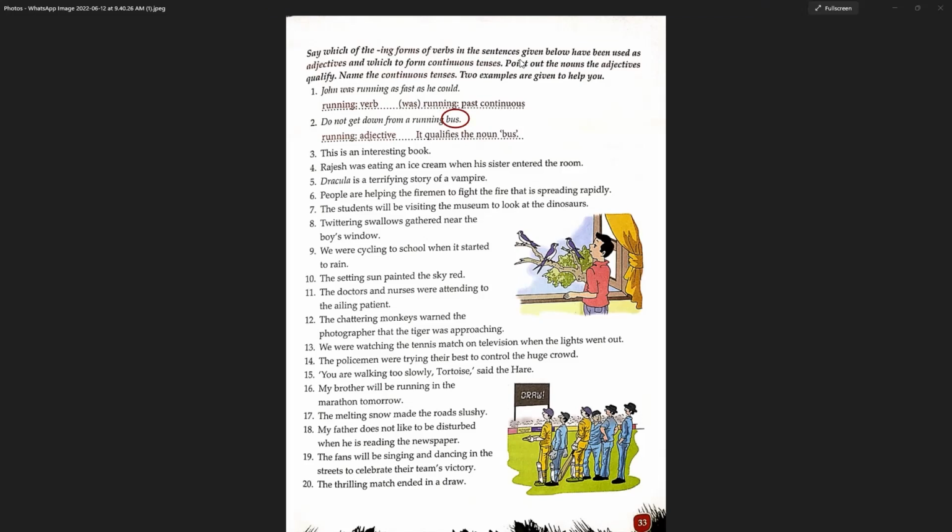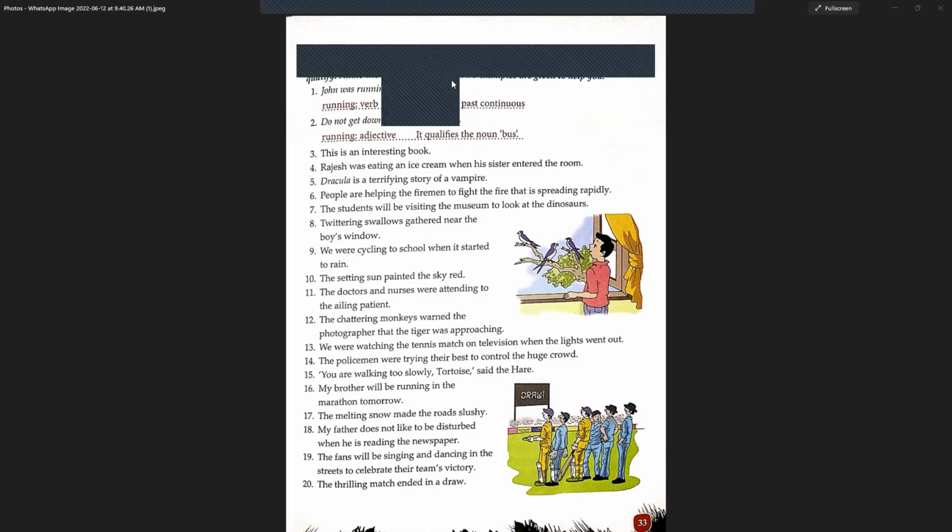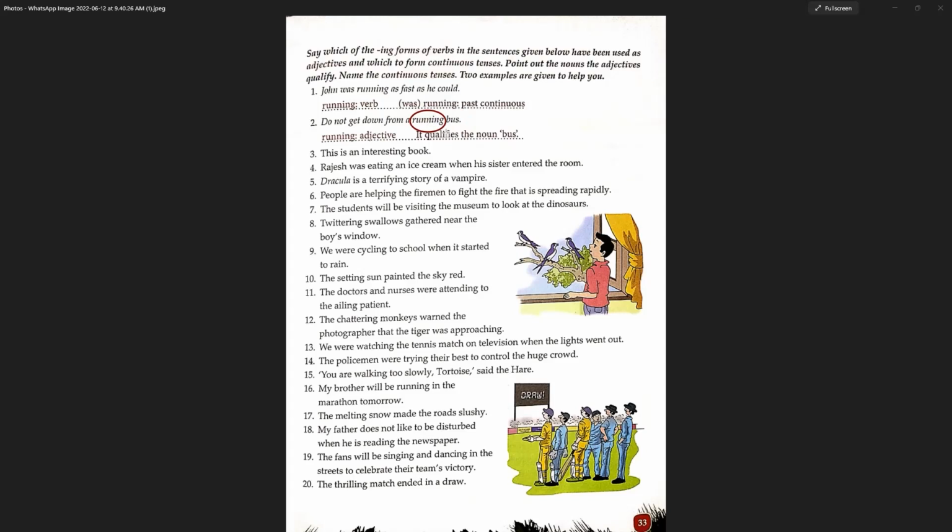It is described using running, like tall girl. When we say tall girl, girl is the noun, tall is the adjective. The same thing happens here. Running bus. So running is an adjective.